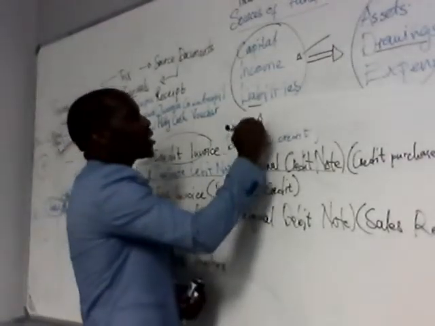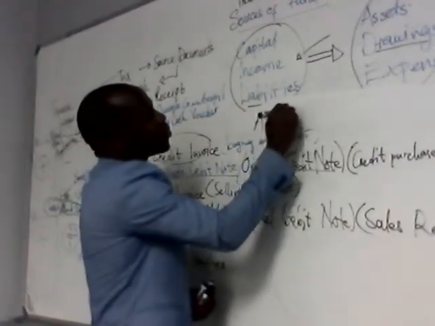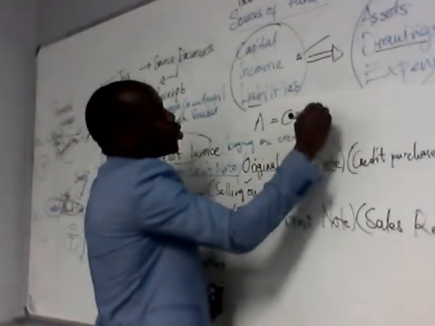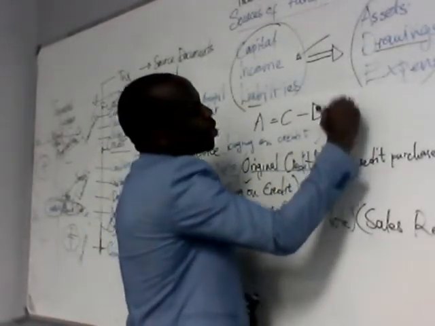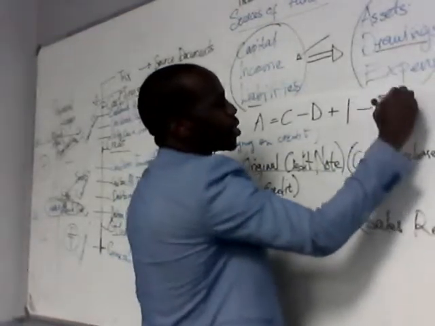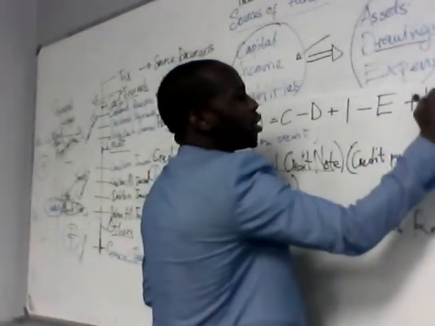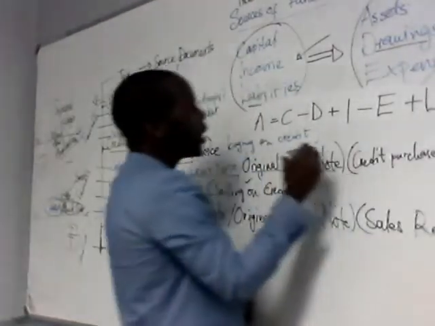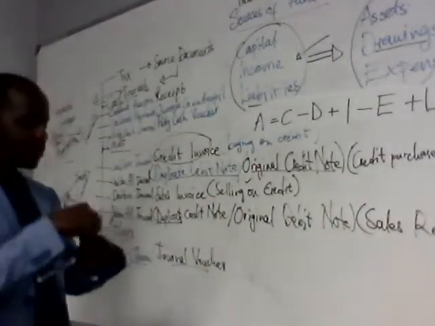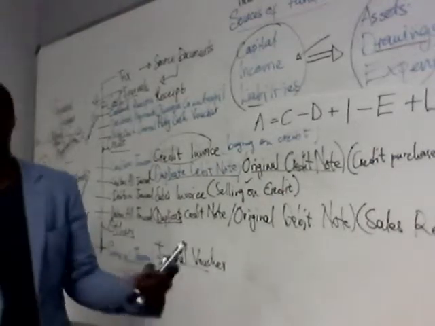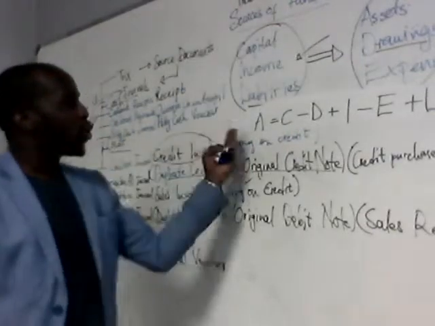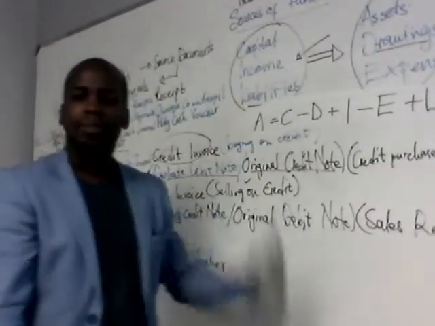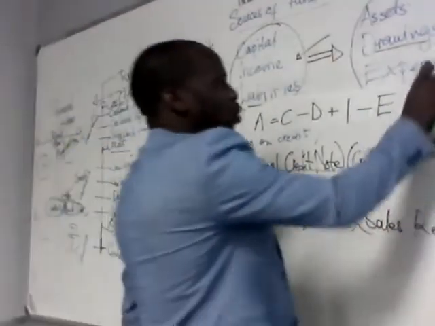Then our extended accounting equation, we can put it into a mathematical expression, which makes sense. We've got assets equals capital minus drawings plus income minus expenses plus liabilities. And then we say that it's another way of looking at it.